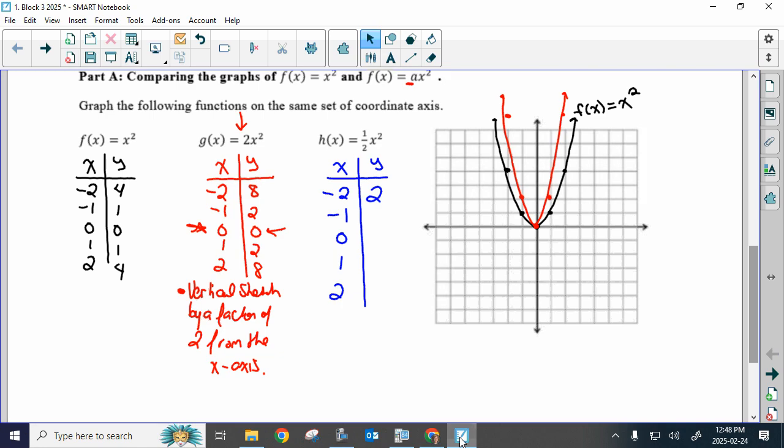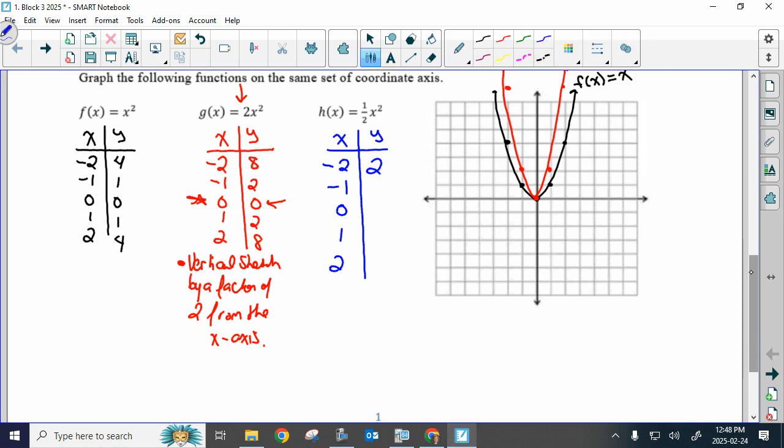We have to analyze all the critical features of a quadratic function. So in this particular case, we ended up with 2, 0.5, 0, 0.5, and then 2. And when I graph this function, do you guys see that the vertical distance from the x-axis was half as much?